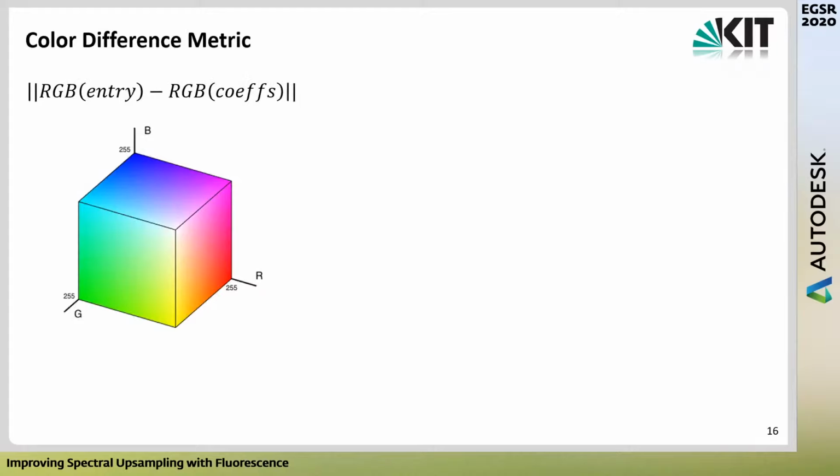So as I mentioned before, the original paper optimizes coefficients by minimizing the Euclidean distance between a target color and the color that is represented by the current coefficients. And this is easy to implement and fast to compute, but while it does converge to zero if the colors get close enough, it does not accurately represent how we as humans perceive color differences.